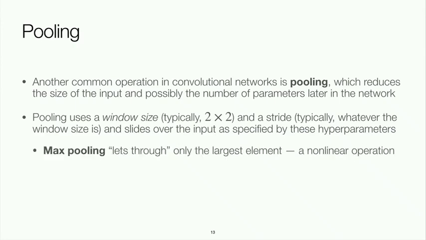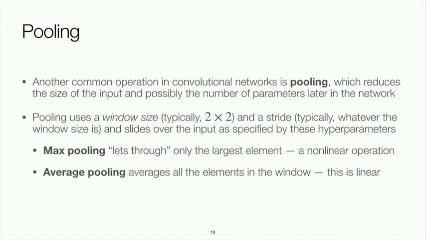Well, there are a couple of different versions of this. A quite popular one is called max pooling, which basically only lets through the largest element. This is a nonlinear operation, because we have to compute the max over this 2 by 2 window and then only allow through whatever was the largest one. There's also average pooling, which looks at this 2 by 2 window of my input and averages all of those values together, and that's the output I'm producing.